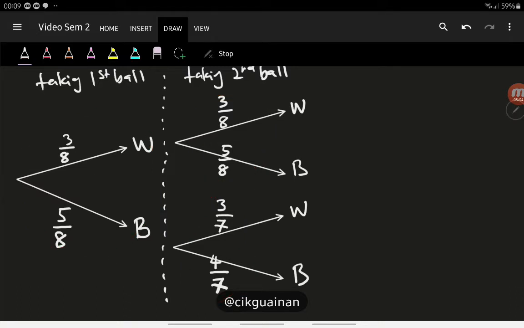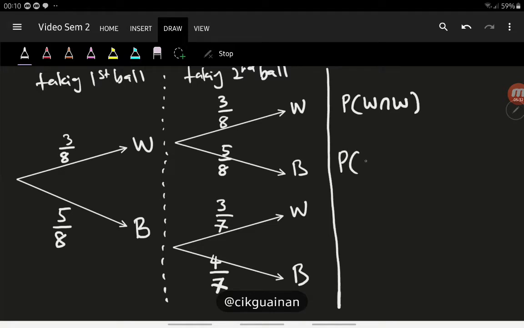Now the second way to check whether it's correct is to list all the possible combinations for the first ball and the second ball. The first is white and white, the second is white and black, the third is black and white, and the last is black and black.